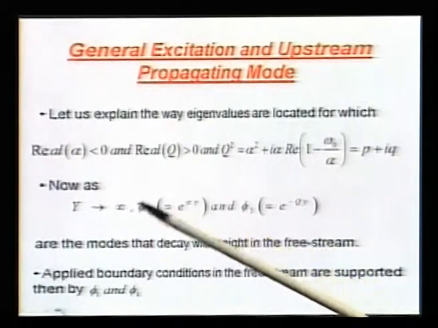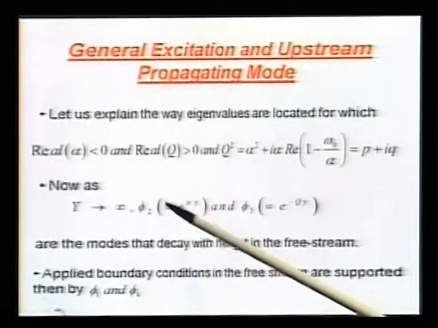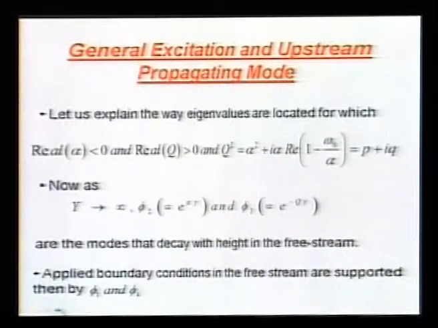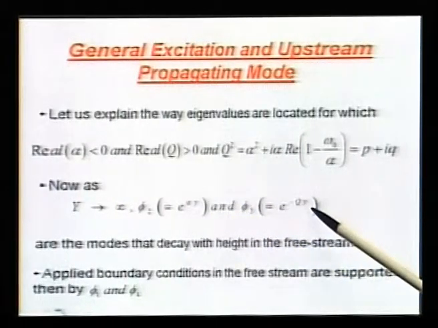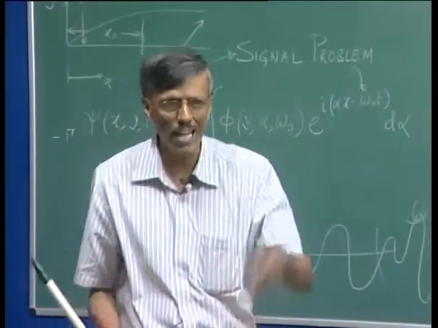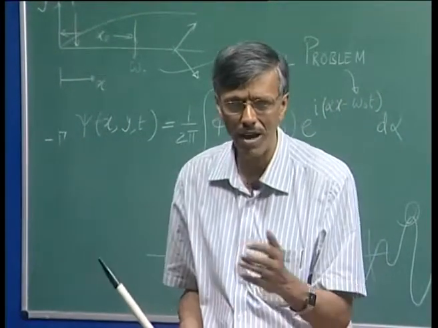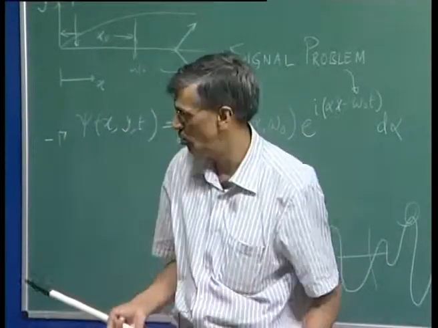Now, as y goes to infinity, this capital Y goes to infinity, what happens to phi 2 and phi 3? If my alpha now has a negative real part, then this will decay. This is also going to decay. So, these two, phi 2 and phi 3, are now the decaying modes, whereas phi 1 and phi 4 will be the growing modes with y.